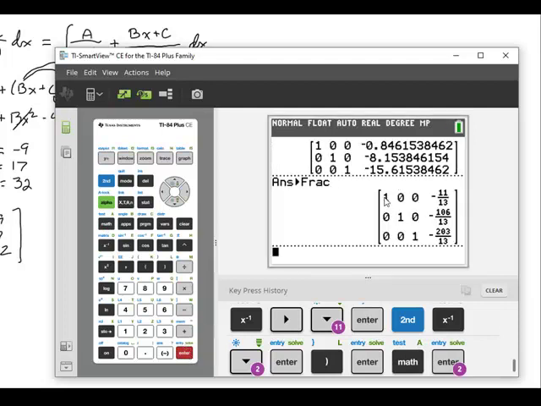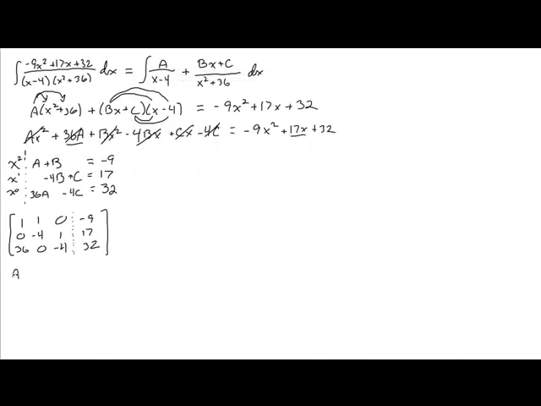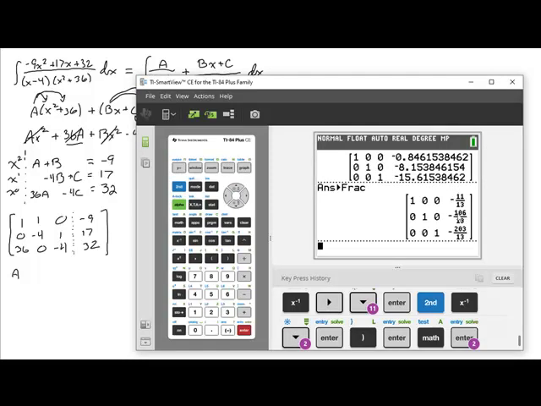And now this is the way this works. 1 times A is this, 1 times B is this, 1 times C is this. So there are my answers. So let's get those recorded. So A, bring that back up. A is negative 11/13. B is negative 106/13. C is negative 203/13.